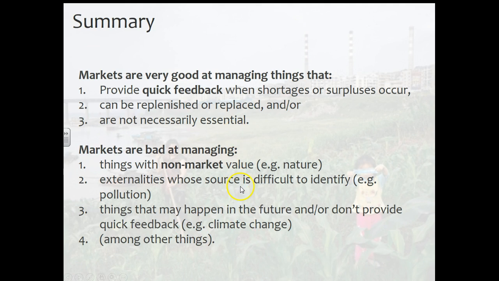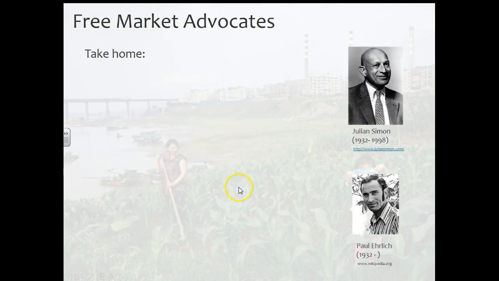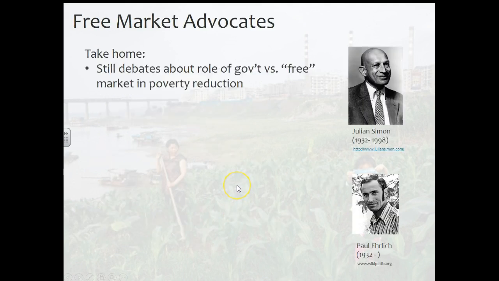Markets are very good at certain things, not so good at certain things. The take-home is that there are still debates today about the role of government versus free market in poverty reduction and other problems. If you read or watch the news, you'll see that a huge debate still rages about this.